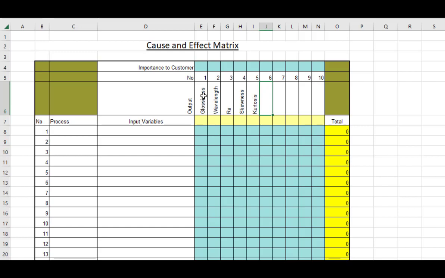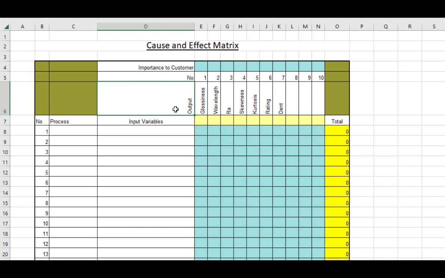Number 6 is the rating, the rating of the customers regarding the aesthetics. Then number 7 is the dents. So these are the outputs that we took from the CTQ drill down indicators, and we transfer them into the cause and effect matrix.